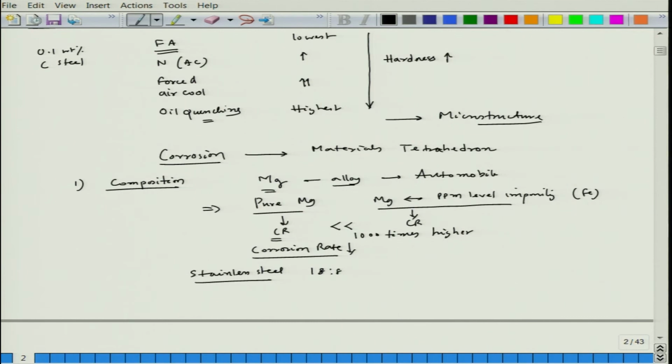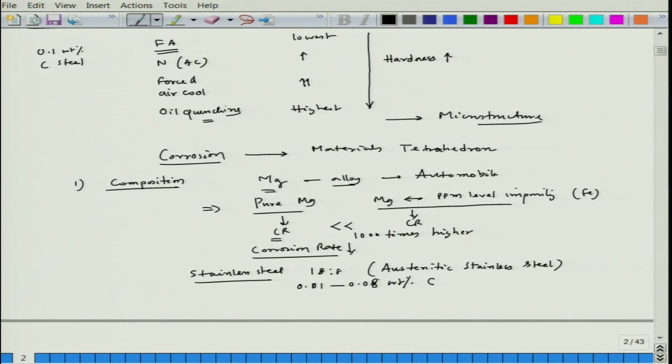This is very popular, and this is nothing but austenitic stainless steel, and here the carbon can be present from 0.01 to 0.08 weight percent.